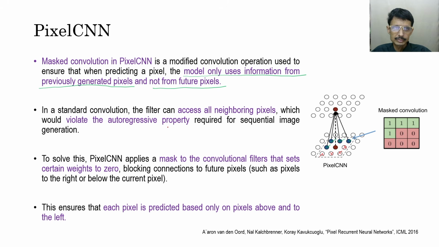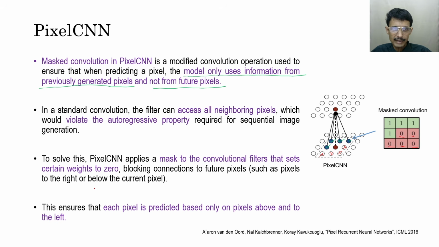In a standard convolution, the filter can process all neighboring pixels. So in standard convolution, all pixels participate, which would violate the autoregressive property required for sequential image generation. That's why PixelCNN applies a mask on the convolution filters that sets certain weights to 0, like this, blocking connection to the future pixels.